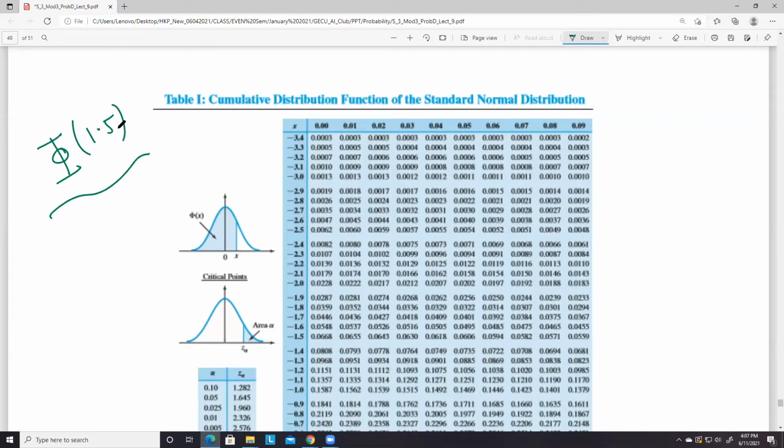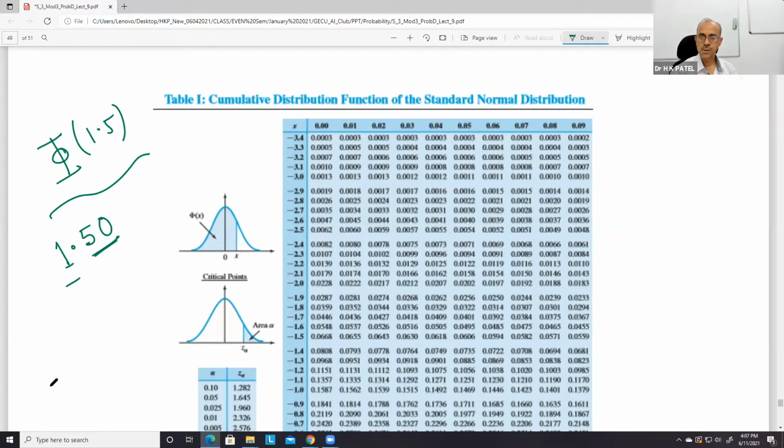So what we do actually, we take our number up to 2 places of decimal. So if our number is say up to 3 or 4 places, then we have to round off up to 2 places of decimal.